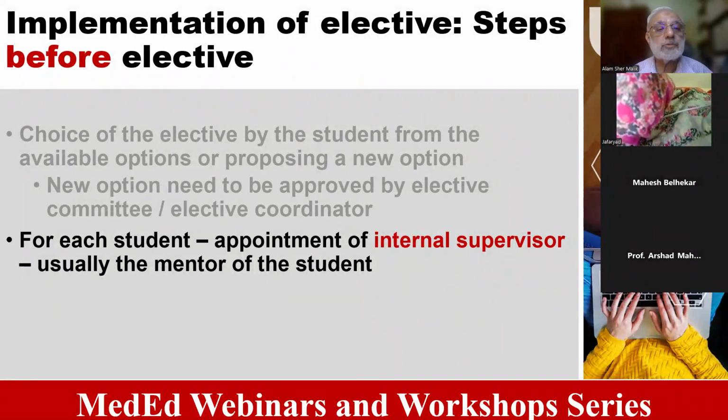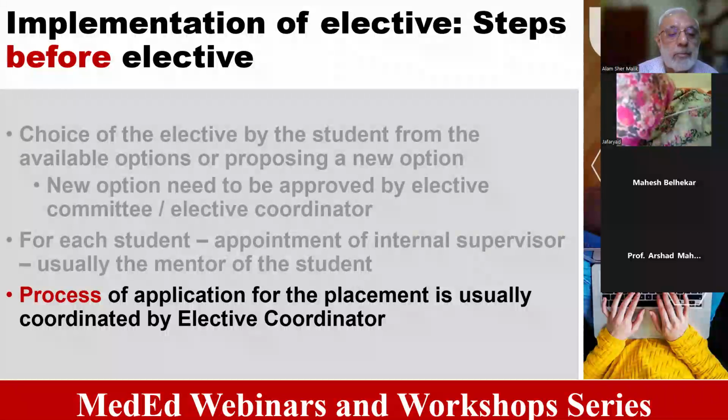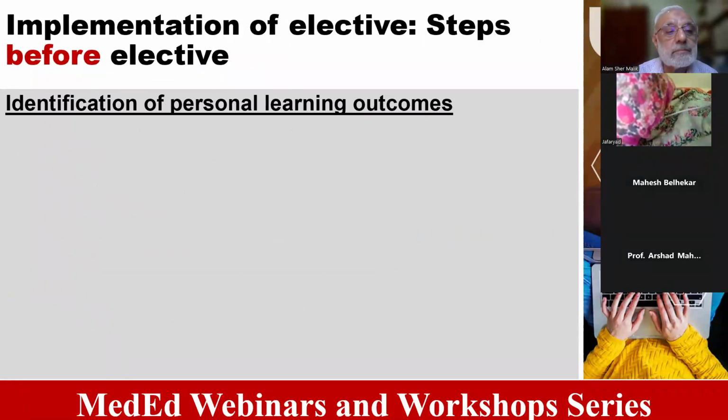So once the student chooses an elective, they have an internal supervisor. As I said, in our setup, it is mostly the mentor of the student. The process of application for placement is usually coordinated by the elective coordinator.